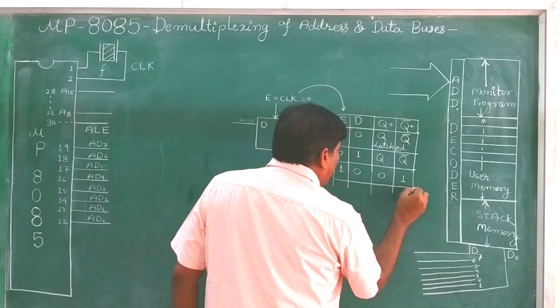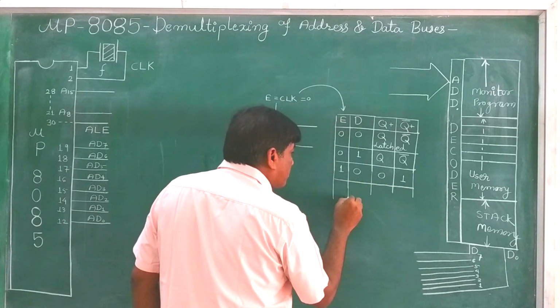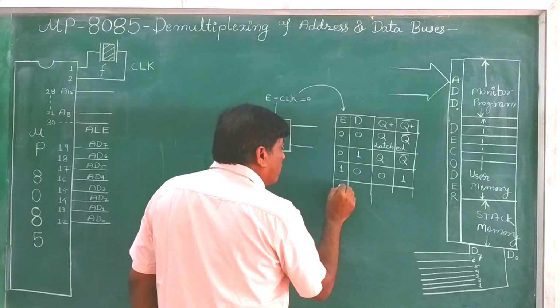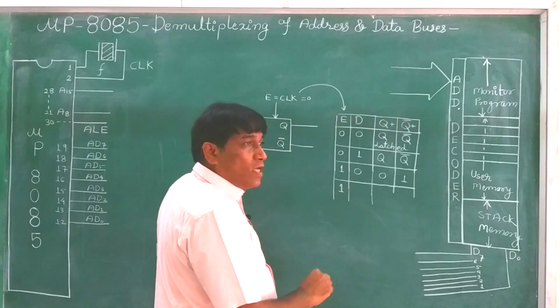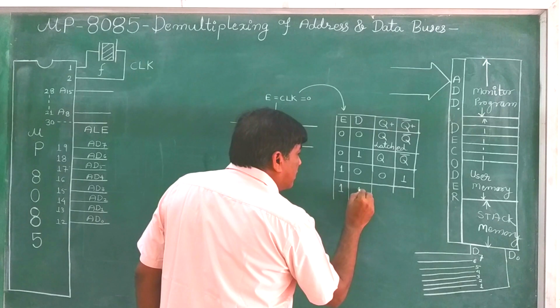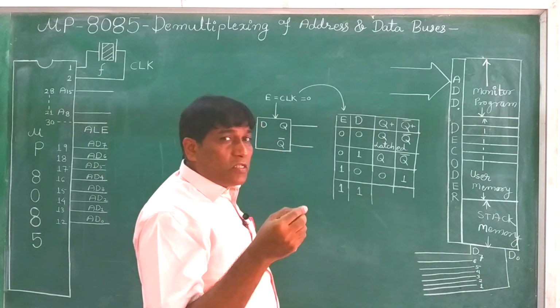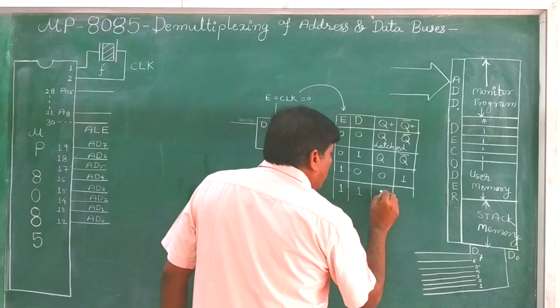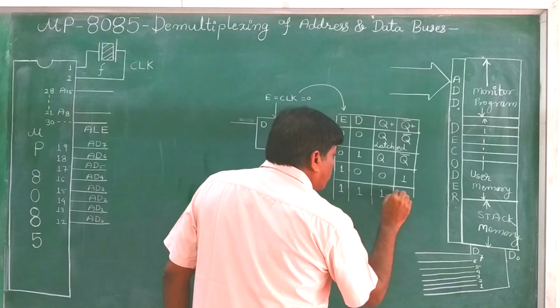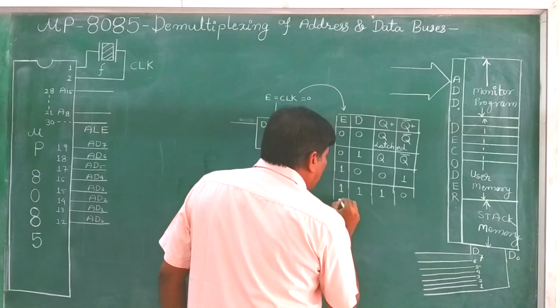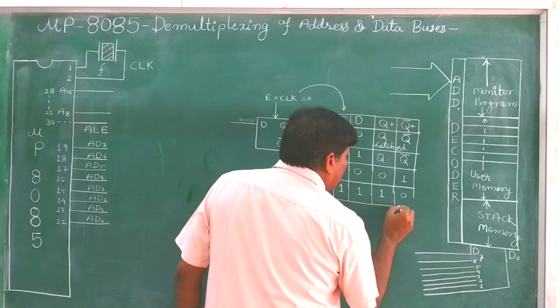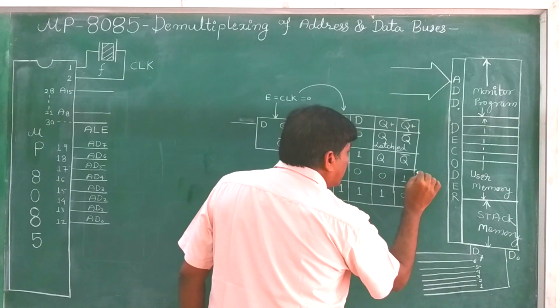Similarly, going ahead, if the enable signal is 1 and D is 1, that means the input is also 1, the output Q will be 1 and Q bar will be 0. That means signals will be transmitted.